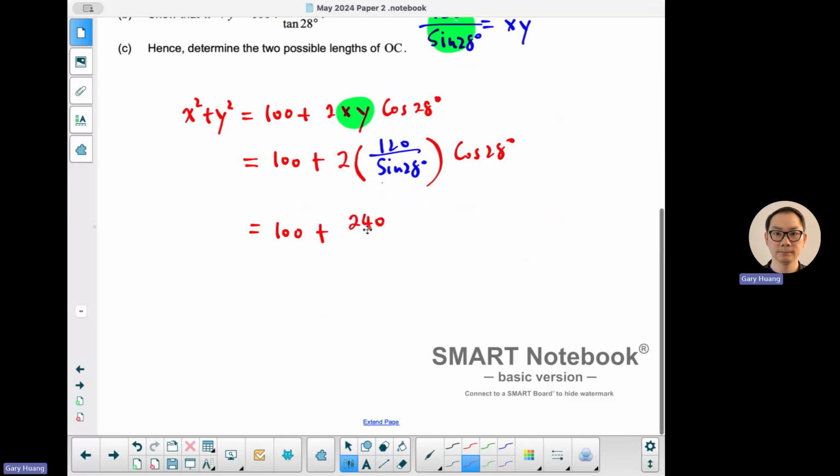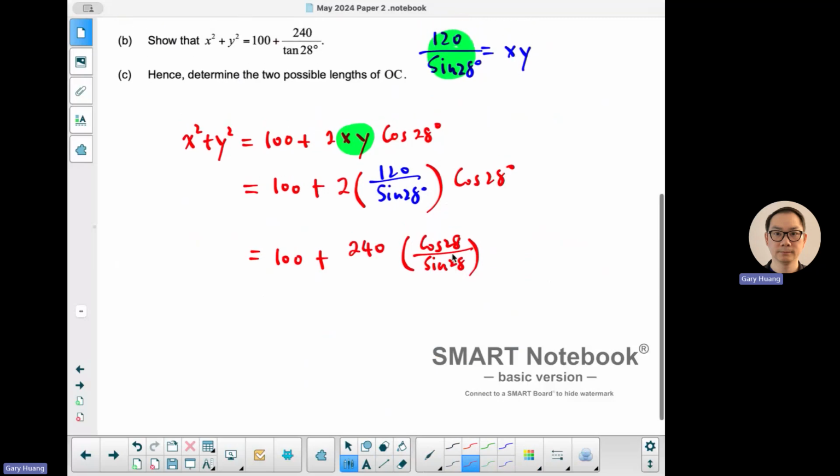Right? And then what do you have? Well, you have a cosine 28 over a sine 28. Cosine over sine is equal to cotangent. Cotangent is equal to 1 over tangent.